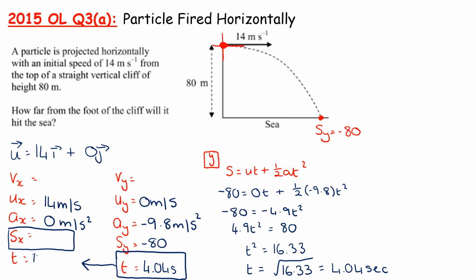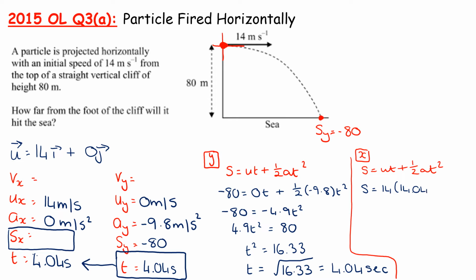And then we move that across here because time is happening the same in both the x and y direction. It doesn't have direction. So now that I've worked out my time, I go back and I work in an x direction and I want to work out my s. I'm going to use the same formula. So s is equal to ut plus a half at squared, and I sub it in. So I'm looking for s. My u is 14, my t is 4.04, plus a half times 0.